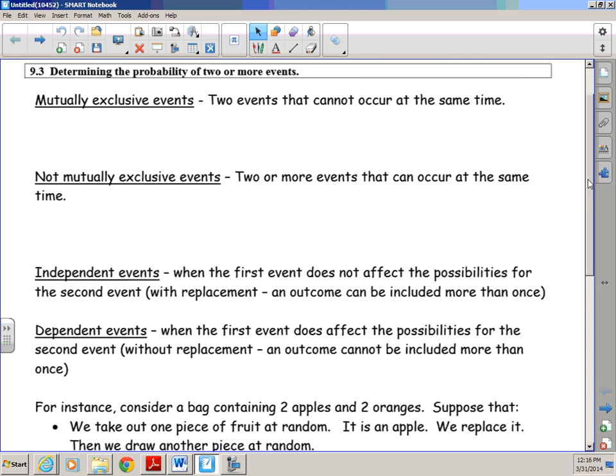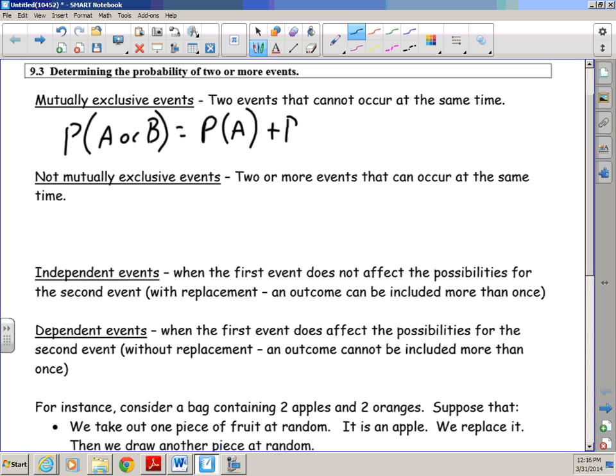I'm going to give you the formula. Not that you really need to know the formula, but it's easier if you understand. So the probability of A or B happening, and we actually did a little of this already, is the probability of A happening plus the probability of B happening. Okay?